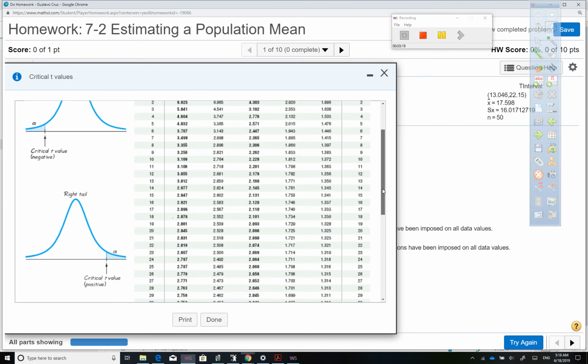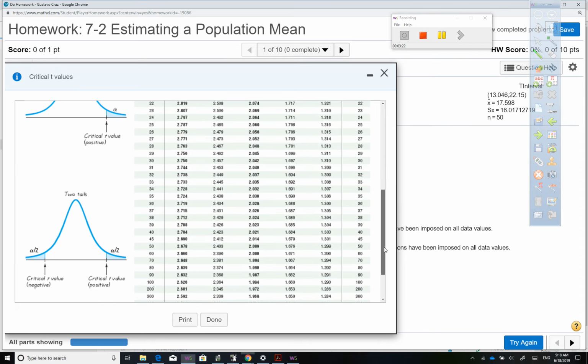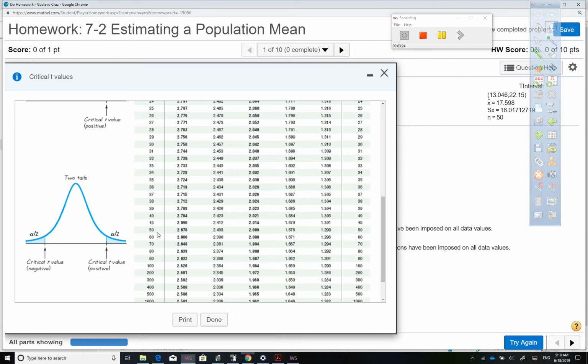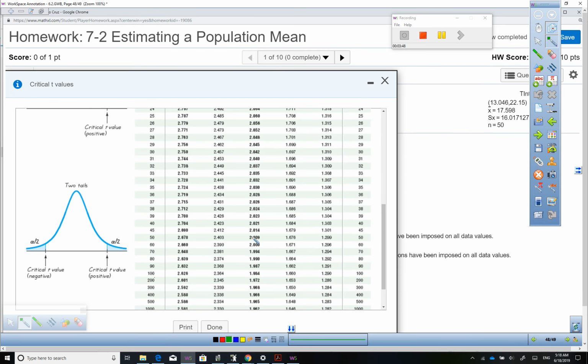There is no 49, so we get the closest number in this column, which is 50 in this case. That is a good approximation. So it was the column in the middle for the area, and the row for 50, and we find this value right here. So that is the critical value, t alpha by 2.